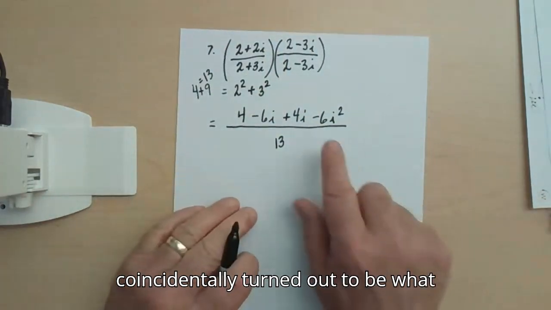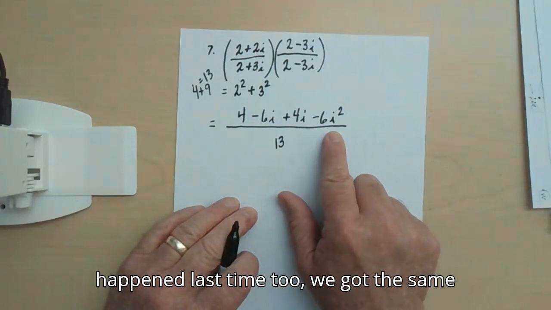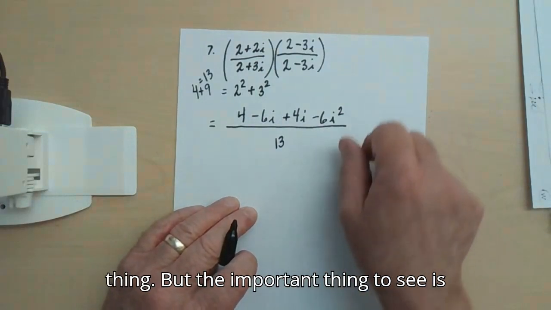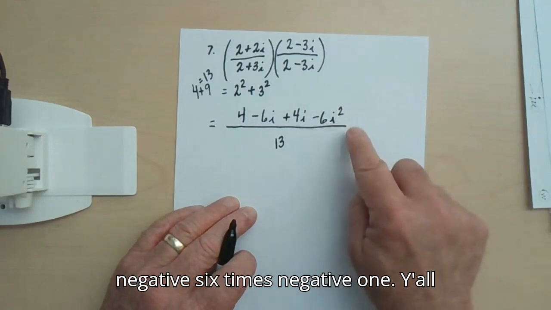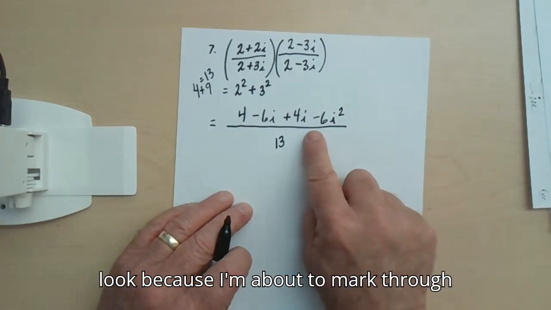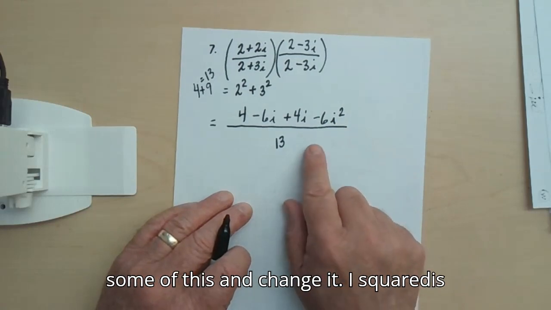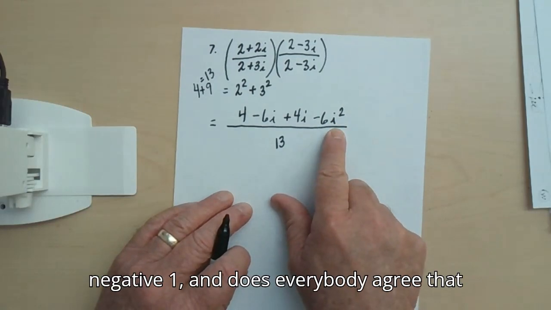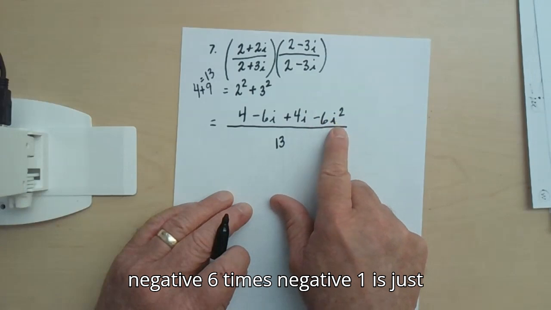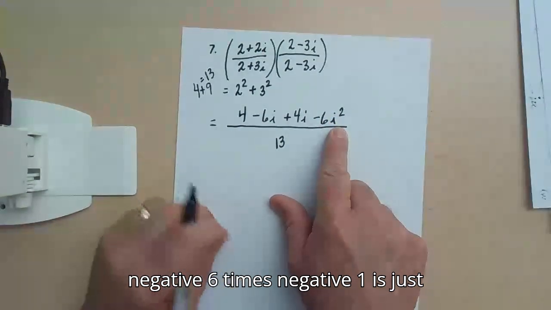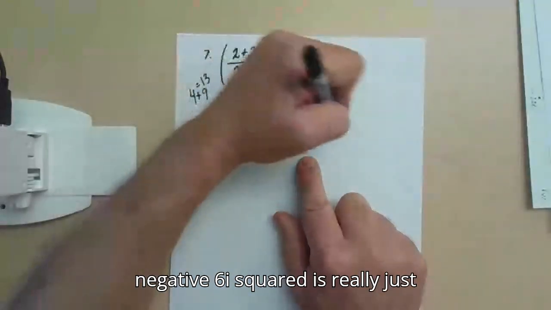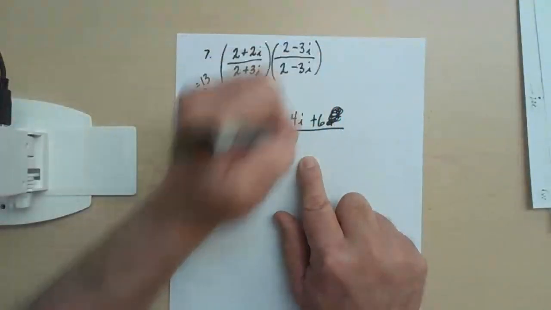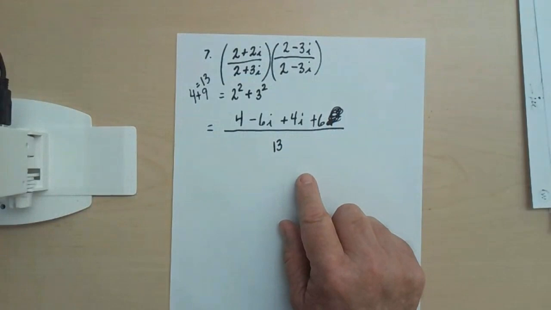That just coincidentally turned out to be what happened last time, too. We got the same thing. But the important thing to see is that i squared is negative 1. And negative 6 times negative 1, y'all look, because I'm about to mark through some of this and change it. i squared is negative 1. And does everybody agree that negative 6 times negative 1 is just positive 6? Then that negative 6i squared is really just positive 6.